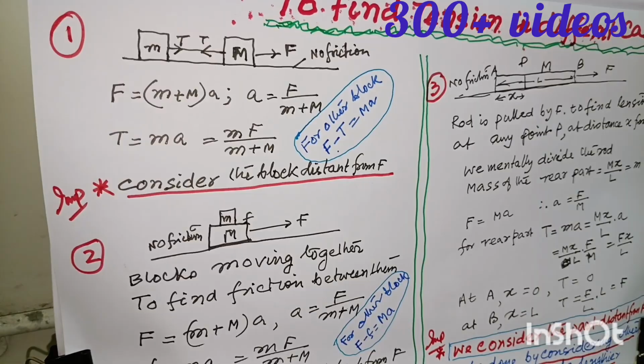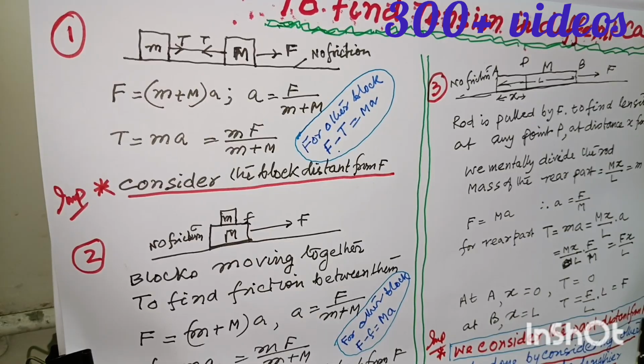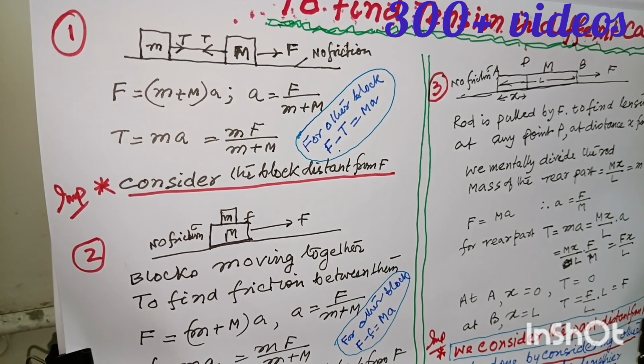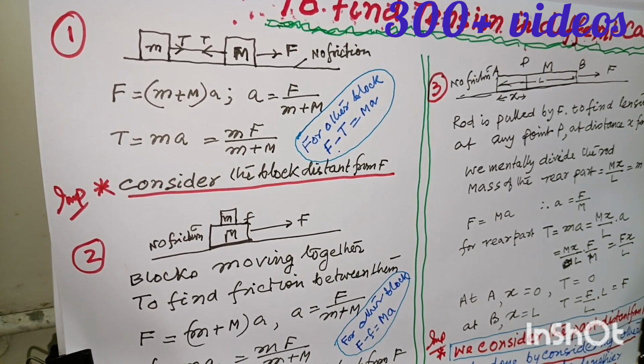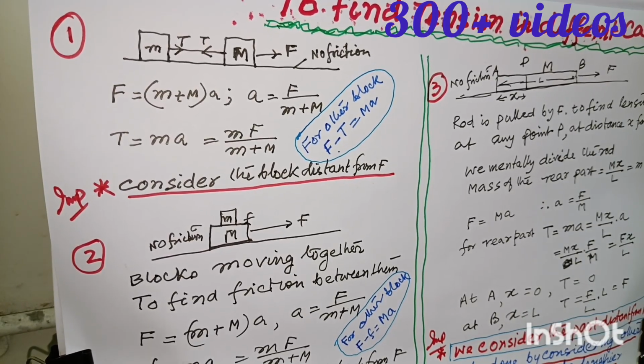Here again, in between them there is a frictional force, and one force is acting on capital M that is backward, and an equal and opposite friction force is acting on small m forward. That means friction is acting on capital M backward, and on small m forward.